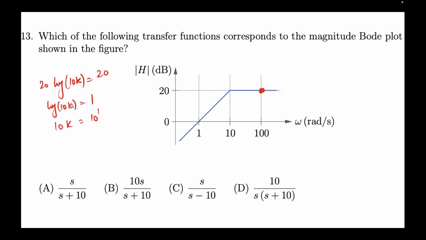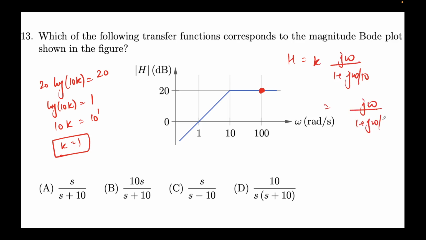This gives me k equal to 1. So I put this in the expression k j omega over 1 plus j omega by 10. This gives me j omega over 1 plus j omega by 10, which is 10 j omega over 10 plus j omega. j omega is s, so 10s upon 10 plus s.